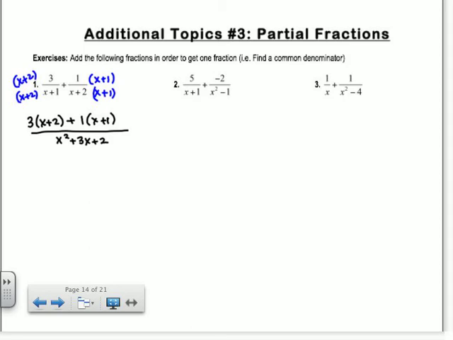So I just FOILed. So it's 3x plus 6 plus 1x plus 1 all over x squared plus 3x plus 2. So I get 4x plus 7 all over x squared plus 3x plus 2.